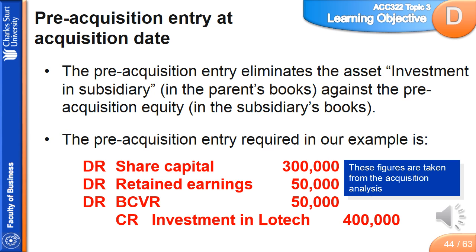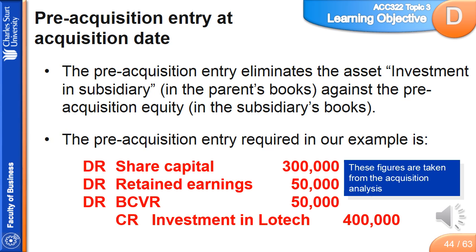So where does this $50,000 BCVR come from? Firstly, it's the difference between the debits and credits here, so it's the residual figure. You can figure it out that way. However, thinking a bit more thoroughly about this, how do we get that figure?